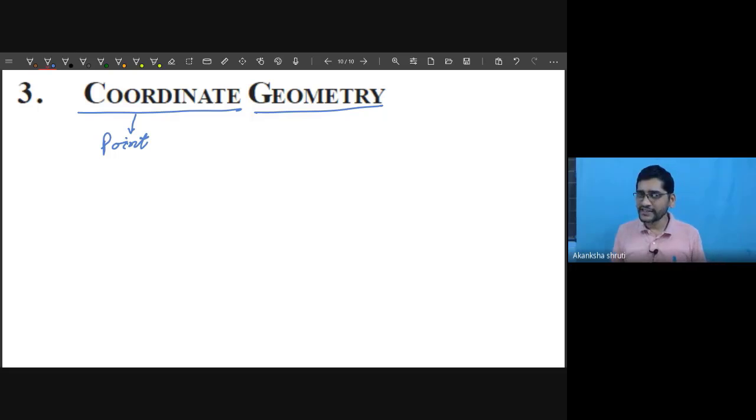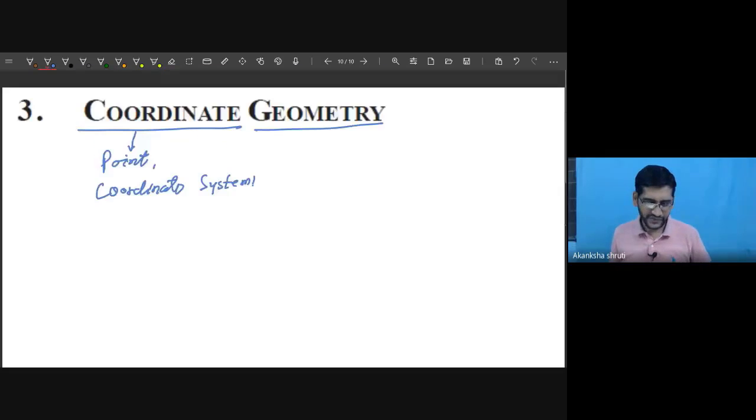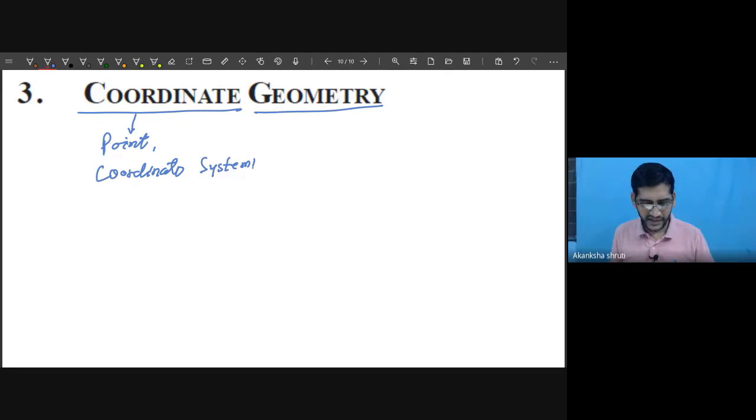How is the point represented? For that we take the Cartesian system or coordinate system. What is this coordinate system? Everything we are going to write on a single page.